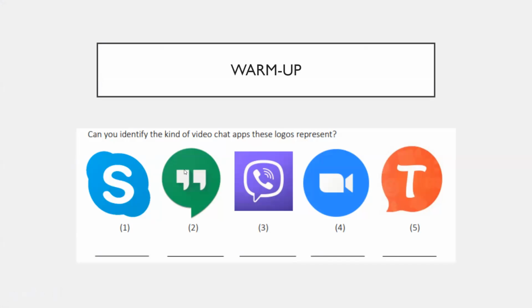The second one, if I'm not mistaken, was an old logo for Google Meet or Google Hangout. The third one is called Viber, V-I-B-E-R. It's like WhatsApp. The fourth one is Zoom. And the last one is called Tango. Now, Tango is mostly used in the United States.